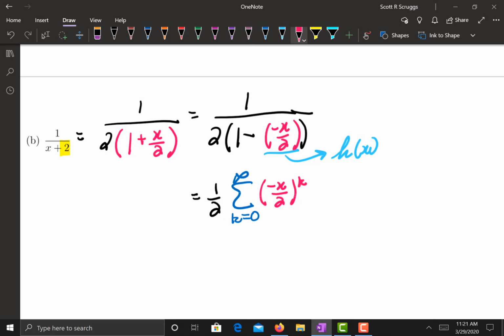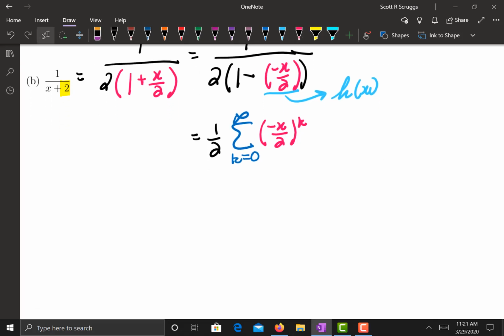Again, I'm going to abide by when the series converges or diverges, and because it's a geometric series, I'm going to converge when the absolute value of x is less than 1, but instead of the absolute value of x, it's going to be the absolute value of negative x over 2 less than 1.